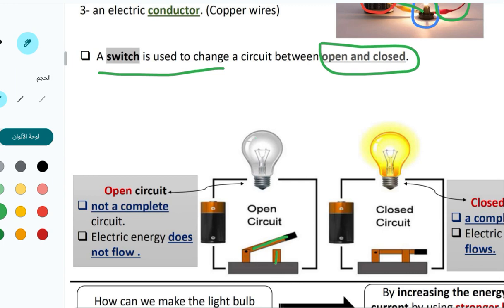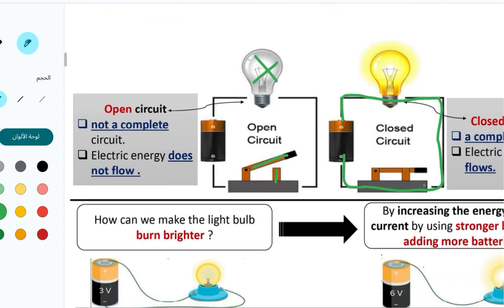So the light will be off. A closed circuit allows for that continual flow of electricity from one end of the battery to the other end of the battery. And therefore, it is a closed circuit.